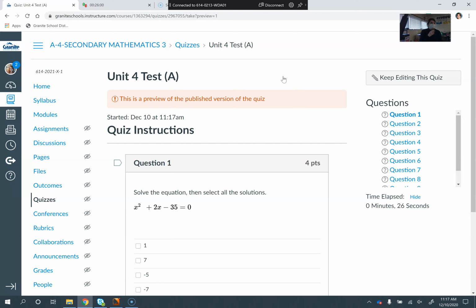Do you understand what's happening? Okay, I'd give it a try. Yeah, this is your test. So that's your review problem, that's your test problem. I would use this paper to work it out if you need to.